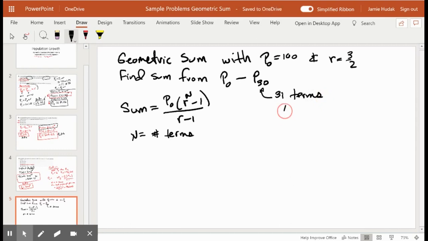So we're going to use n equal to 31. So our sum is going to be from P0, which is 100, times our ratio, which is 3/2, raised to the 31st power minus 1, all over 3/2 minus 1.